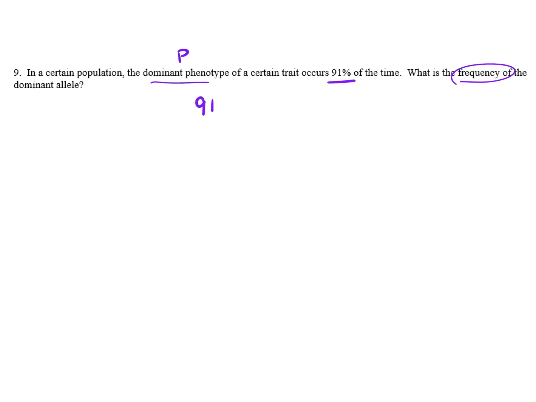So when we look at that 91%, which you can also write as 0.91, this is the dominant phenotype, which could be the P squared, which is what you would normally think, or it could be the 2PQ. So you can actually have the dominant allele as a double dominant or a piece of a heterozygous. There's no way to tell just from them saying that P equals 91%.